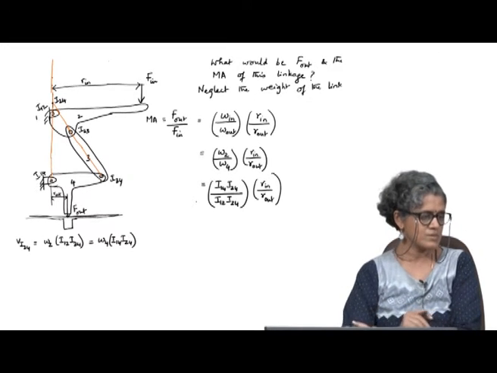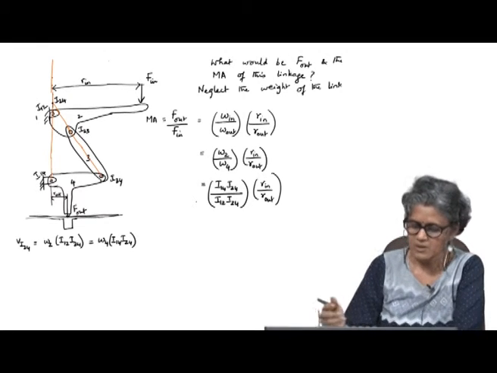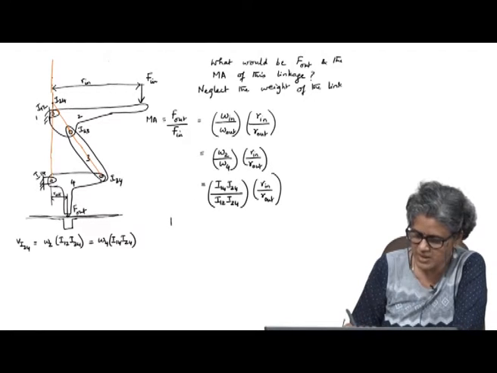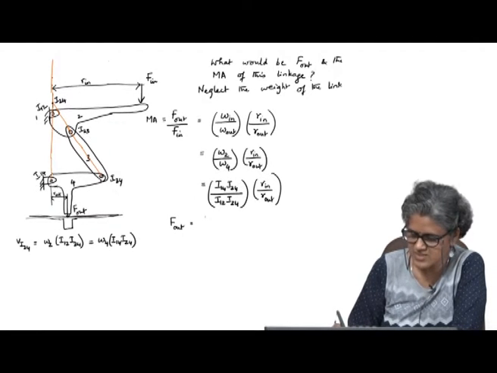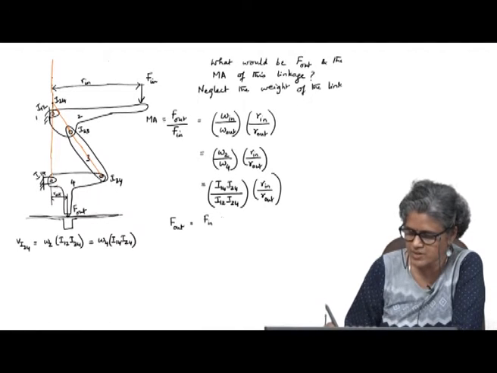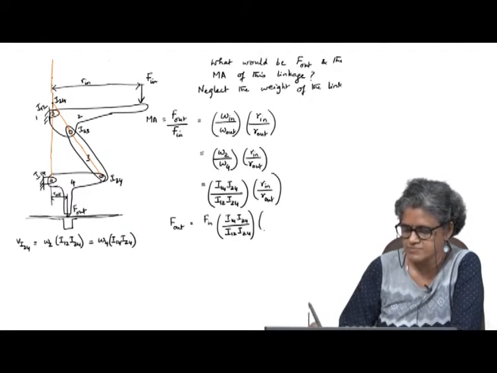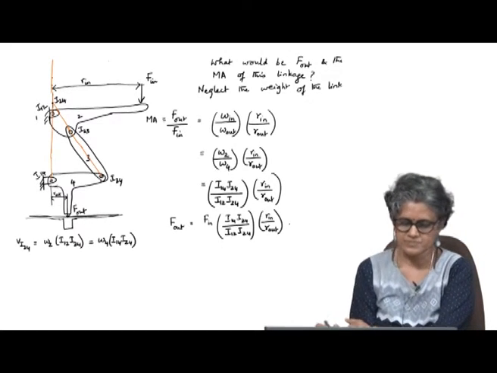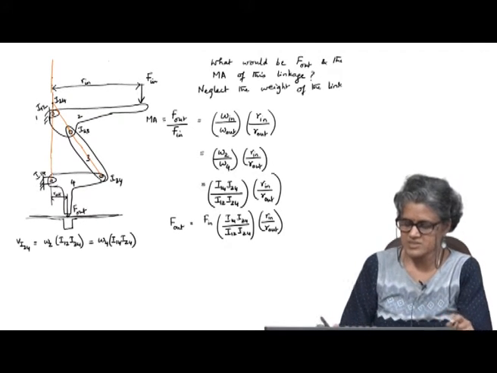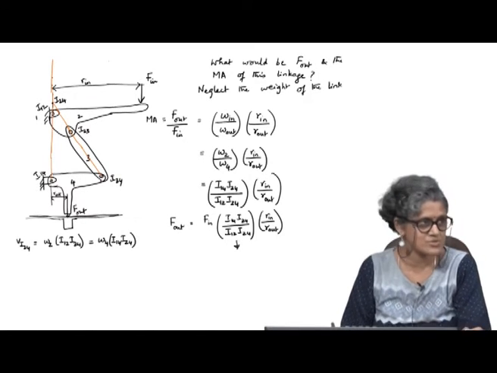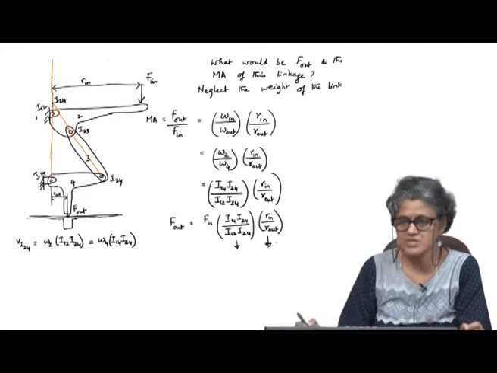Okay. So now if I look here, my F out is F in times this quantity, I14 I24 by I12 I24 into R in by R out. You can see this is going to be greater than 1. Okay, you can see this ratio is greater than 1. So is this ratio.